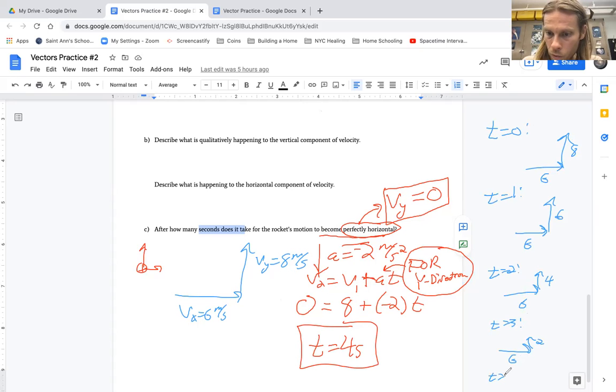And at t equals 4, it's 6 and 0. So it's only horizontal. So notice we're isolating the vertical, and we can use our equations just in the vertical realm. That's where we want to shift to do it. I hope that made sense.